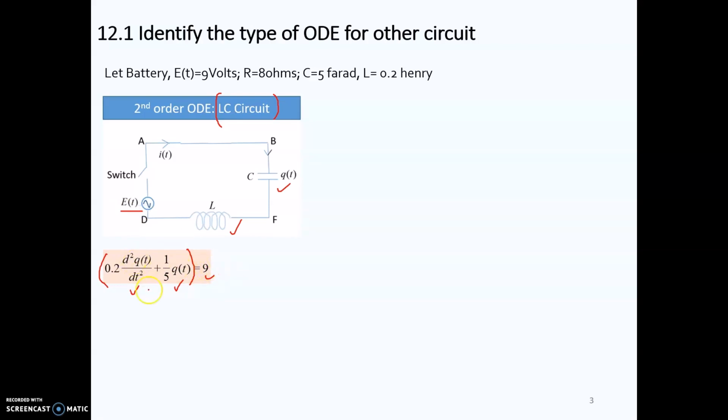From here you can see this is a second order linear ODE, where you are going to find the charge Q with respect to the time. To find the solution of this, we know that this solution is equal to the complementary solution plus the particular solution.